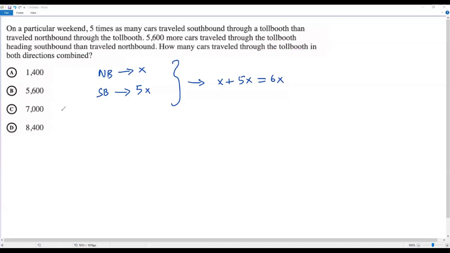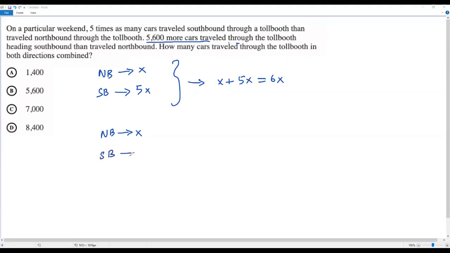Okay, now let's use the second piece of information. That is 5,600 more cars traveled through the toll booth heading southbound than traveled northbound. Already we have assumed x as the number of cars traveled northbound through the toll booth. Let me write the same thing, x. If I use the second piece of information, there are 5,600 more cars traveled through the toll booth heading southbound than traveled northbound.